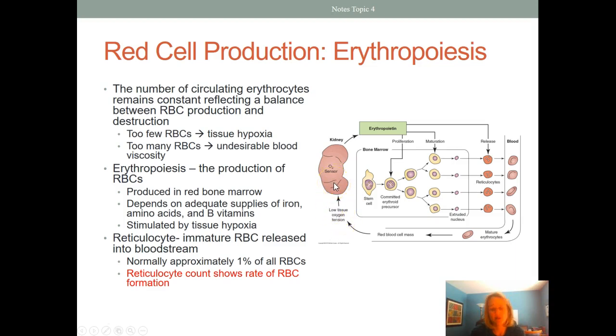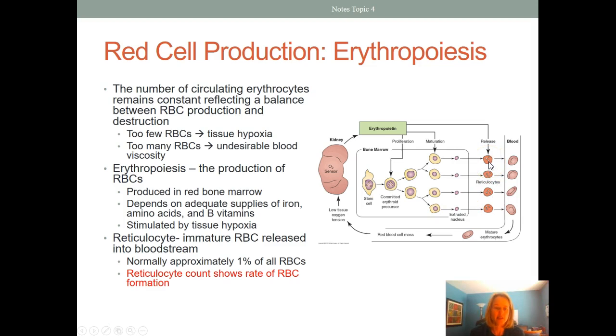This could also occur with altitude. And this is going to stimulate the kidneys to release erythropoietin. And erythropoietin is going to stimulate the bone marrow to cause increased production of red blood cells that then get released as reticulocytes into the blood.